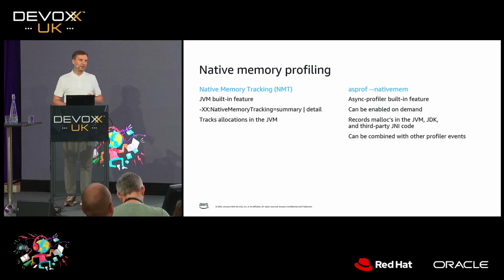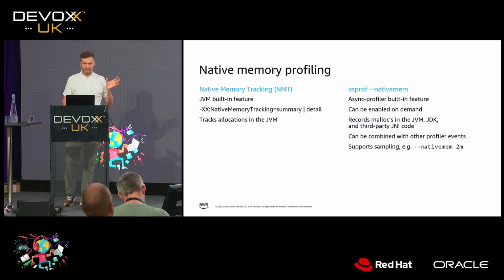And it can be combined with other profiling options. So you can do CPU profiling and native memory profiling at the same time, as long as your output format is chosen as JFR. And to reduce the potential overhead of native memory profiling, you can set a threshold. Like if I put nativemem 2 megabytes, then only one sample per 2 allocated megabytes will be collected.